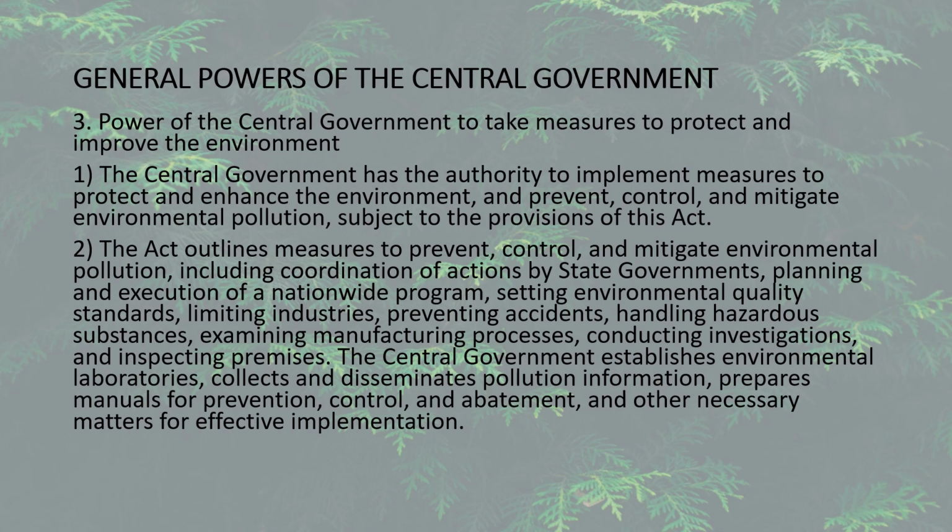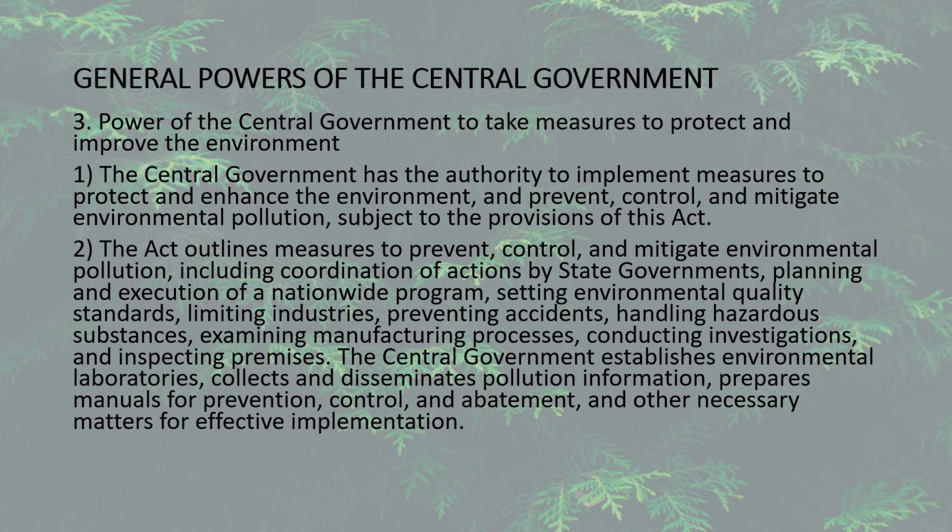The Act outlines measures to prevent, control and mitigate environmental pollution, including coordination of action by state governments, planning and execution of nationwide programs, setting environmental quality standards, limiting industries, preventing accidents, handling hazardous substances, examining manufacturing processes, conducting investigation and inspecting premises. The central government establishes environmental laboratories, collects and disseminates pollution information, and prepares manuals for prevention, control, abatement and other necessary matters for effective implementation.